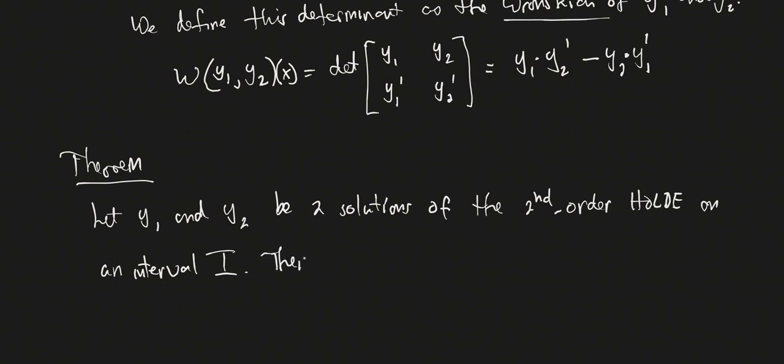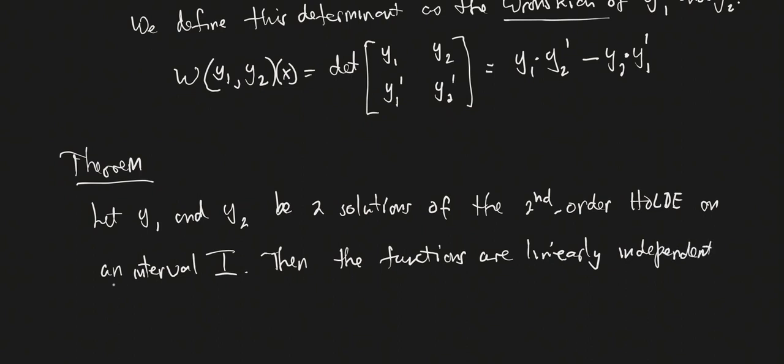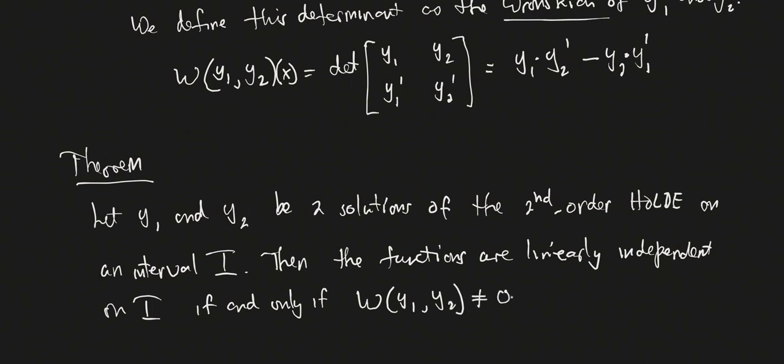Then the functions y1 and y2 are linearly independent on this interval if and only if the Wronskian of y1 and y2 is never equal to 0 for every x in this interval.